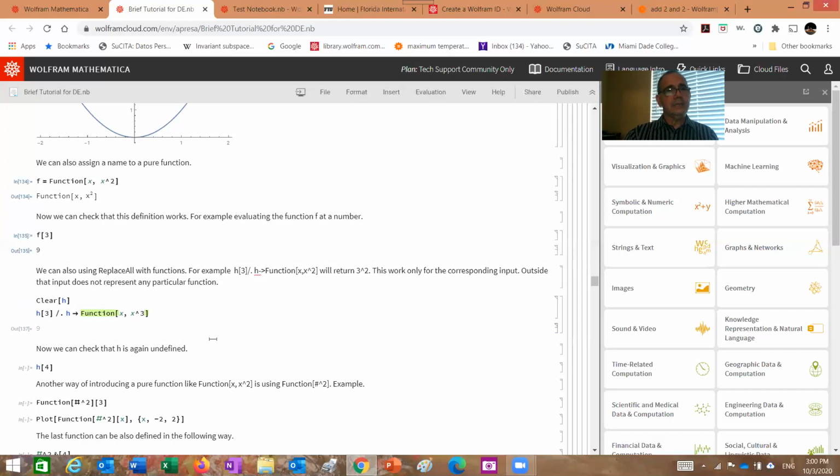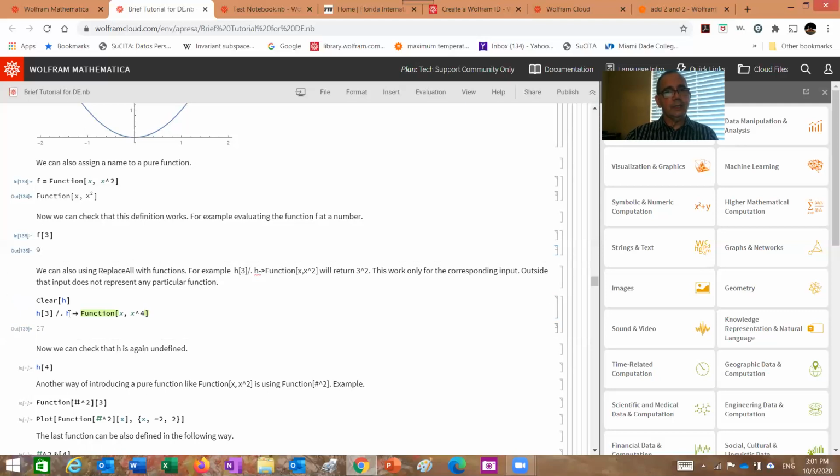Now you need to find h of 3 when we replace the h by the function that transforms x into x to the third. So in this case, shift plus enter produces 27.